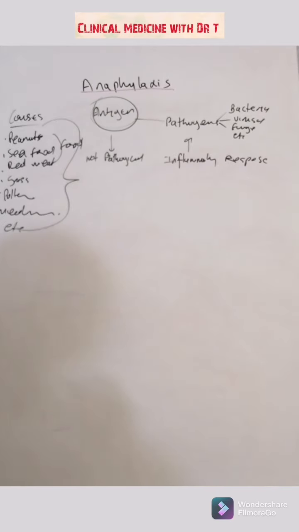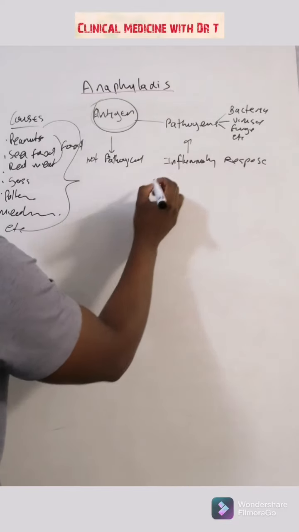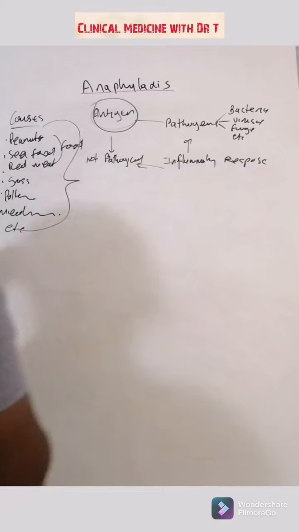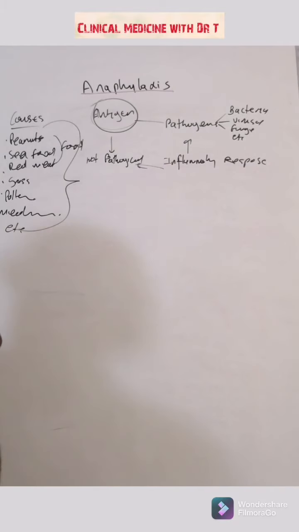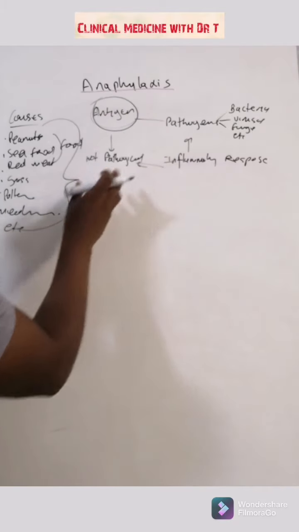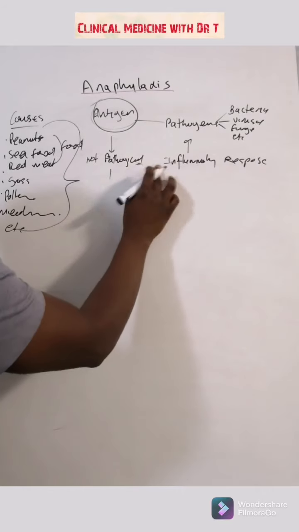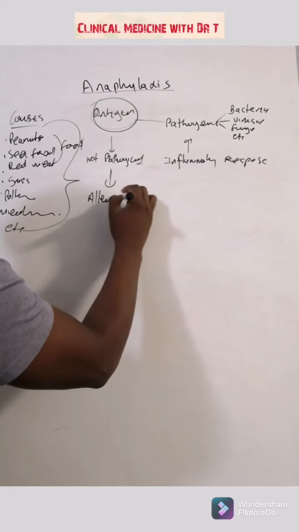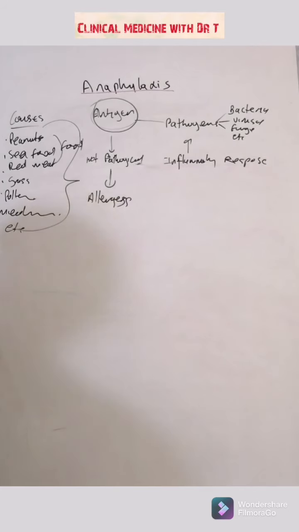But for some reason, the body still initiates an inflammatory response to them, right? So when that happens, the body sort of makes these allergens. It's the body that decides.